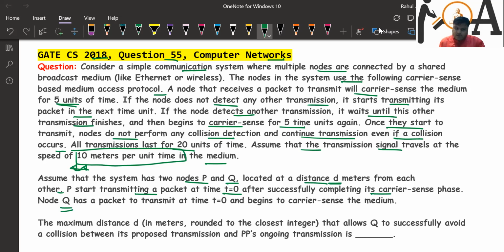Node Q has a packet to transmit at time t equals 0 and begins to carrier sense the medium. The maximum distance d in meters, in rounded form, that allows Q to successfully avoid a collision between its proposed transmission and P's ongoing transmission is.